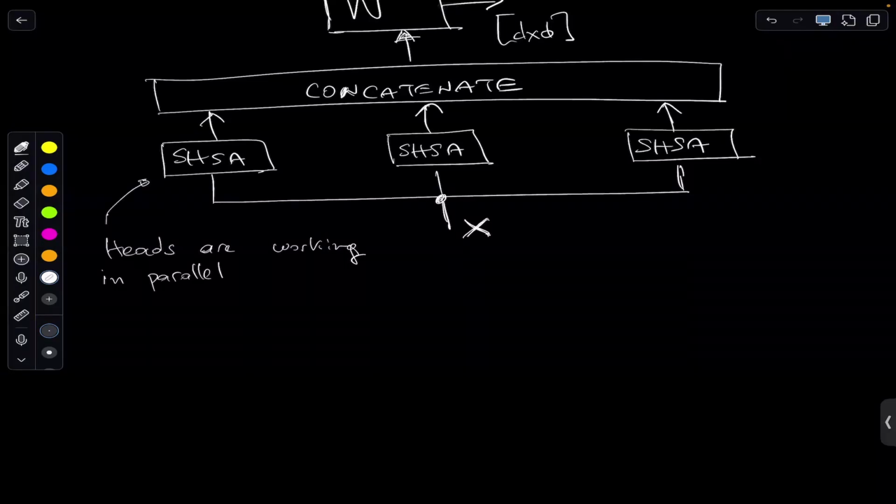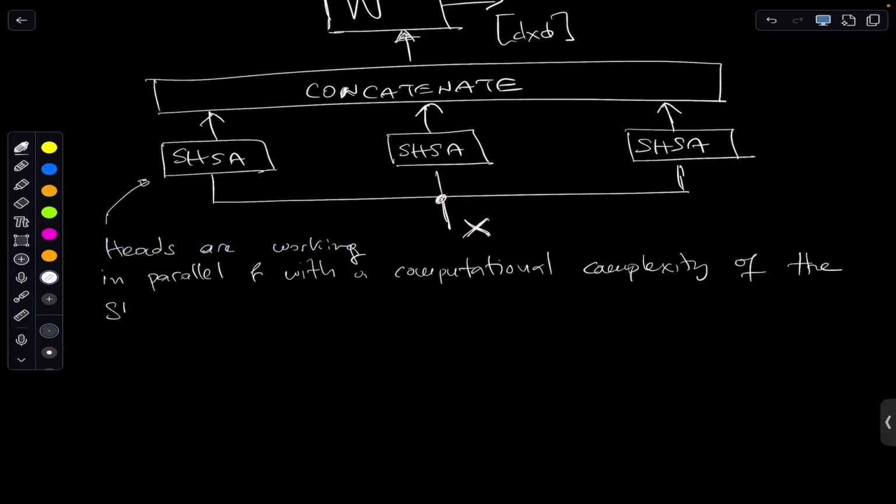Because we need to instantiate multiple heads, we want to make sure that we do not increase the complexity linearly with the number of heads. So the heads are working in parallel with the computational complexity of the single head self-attention.